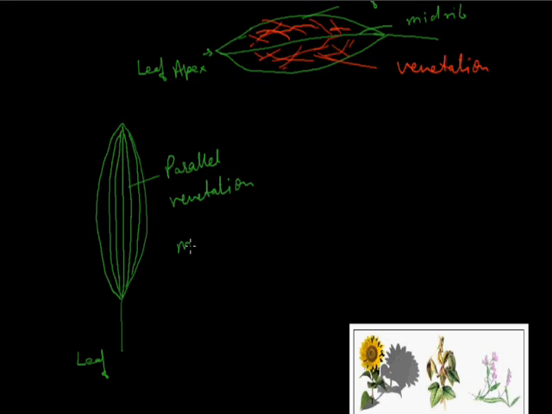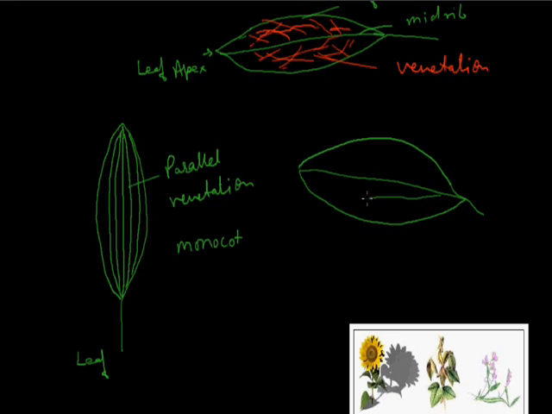In the monocots. If we discuss the dicot leaf, so this is the dicot leaf, and the dicot leaf has the reticulate venation. Reticulate venation means this midrib is divided into many tubes, like many vessels or many structures, and these form a network of vessels.